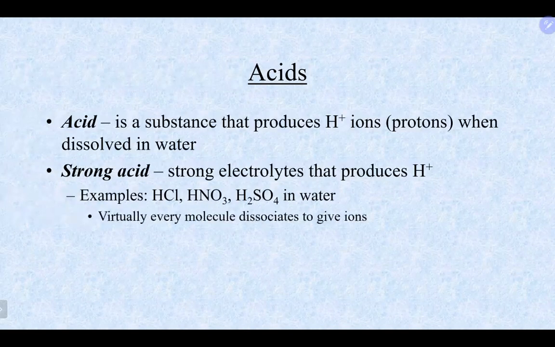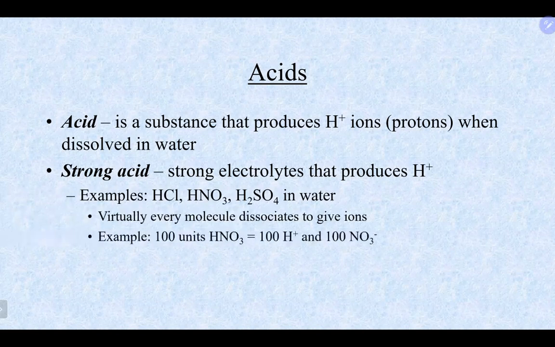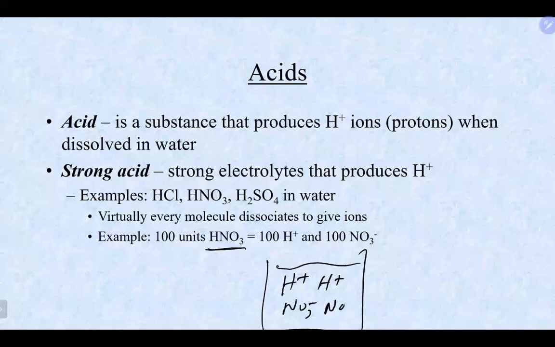As we talked about before, strong acids will 100% break apart. So in solution, for example with nitric acid, pretty much all you have is H+ ions and nitrate ions floating around. You have none of the HNO3 units still together.